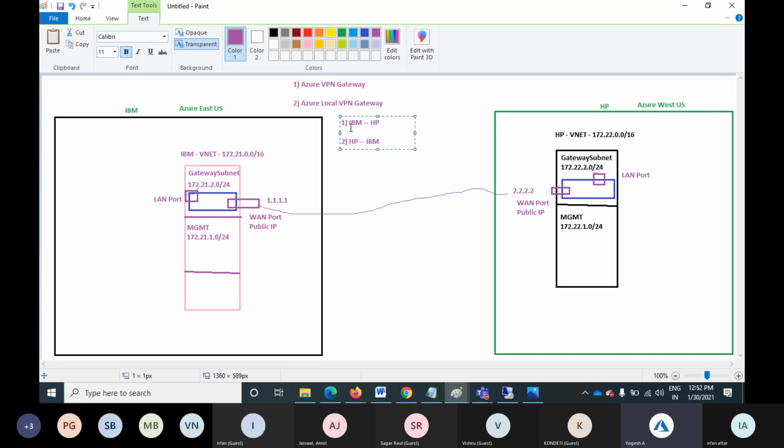When you configure the connection between IBM to HP, at the IBM side we need to configure the local VPN gateway.